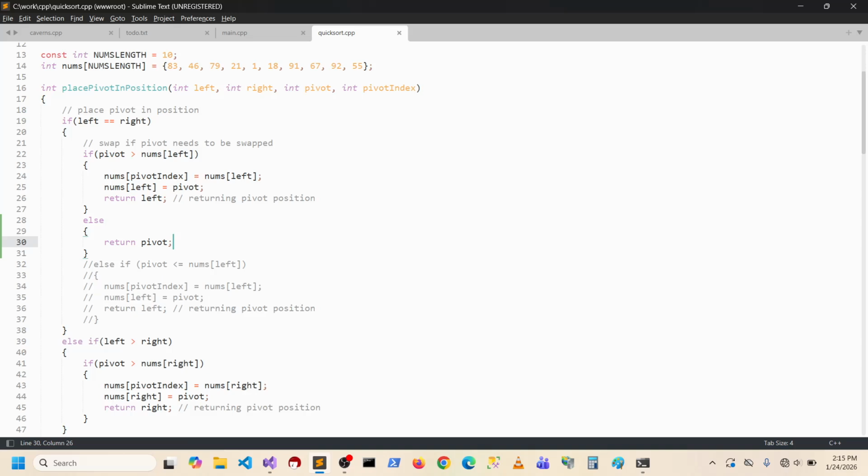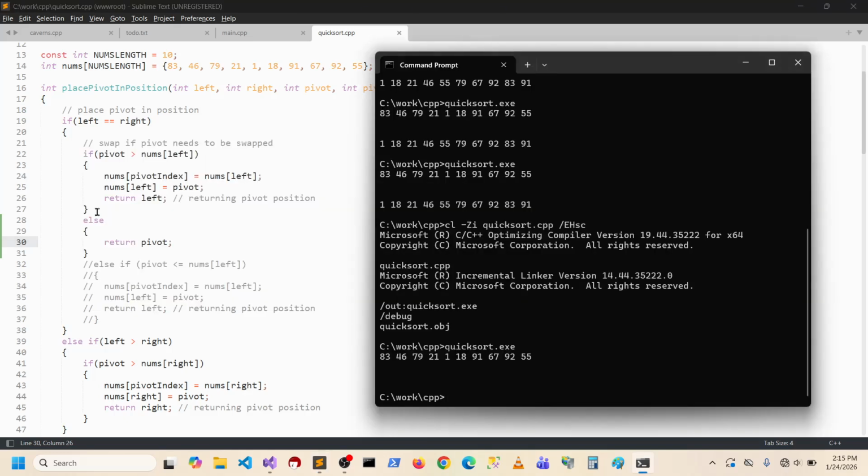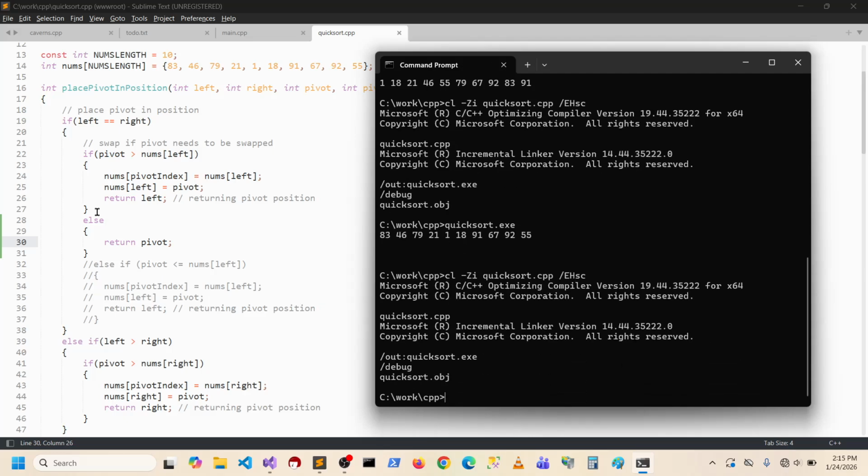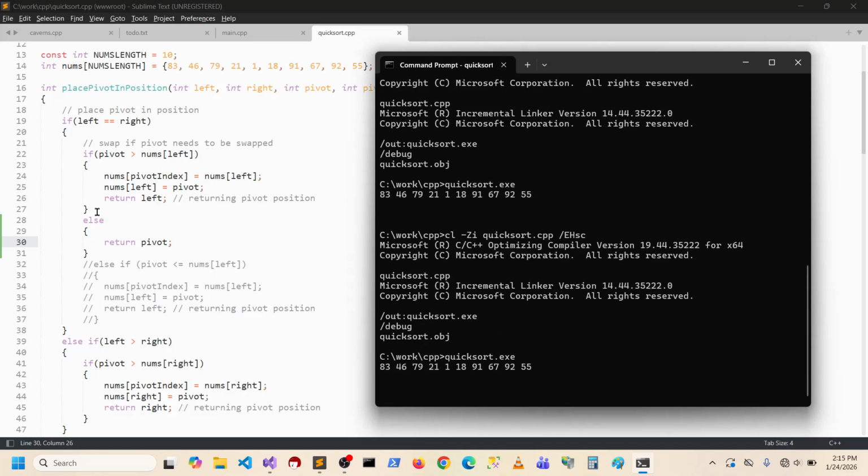Hmm. No, it still goes into the infinite loop.